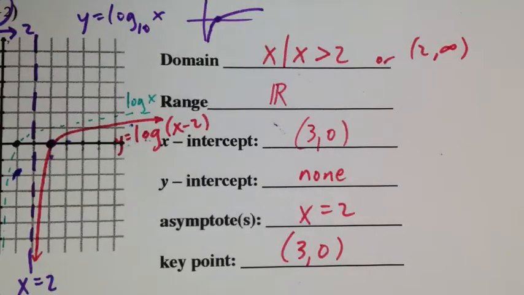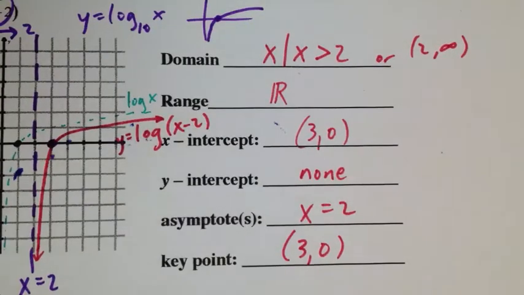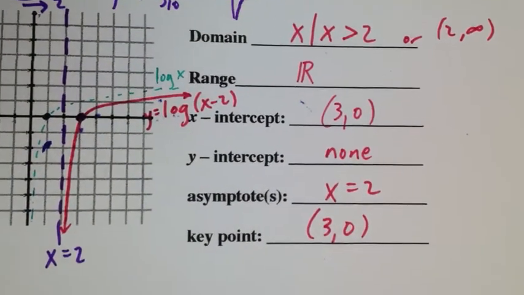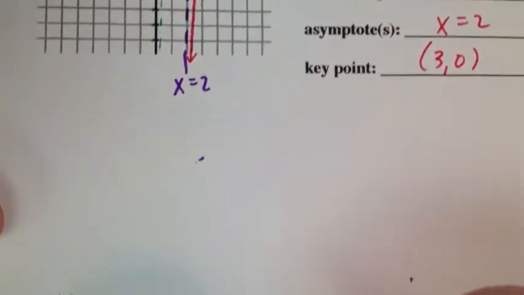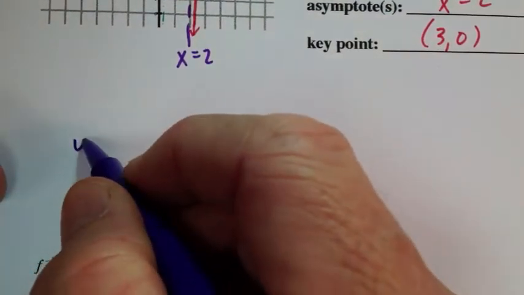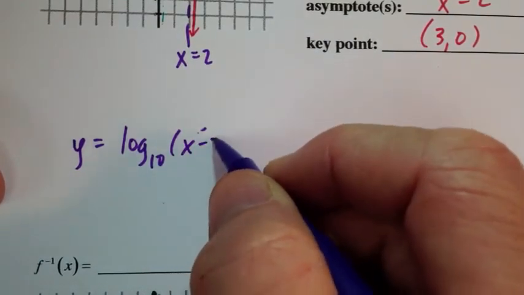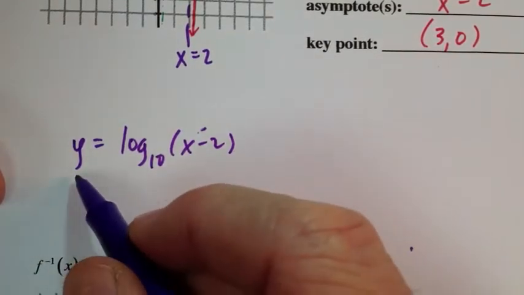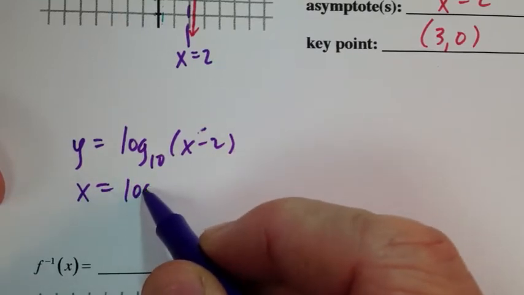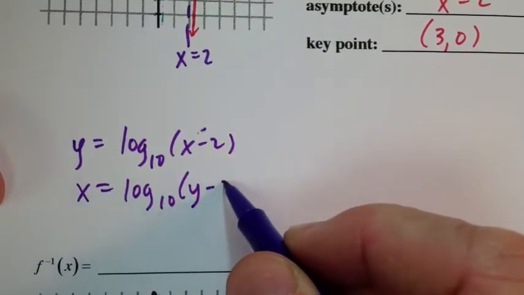Well, let's find the inverse of this function, y equals log base 10 of x minus 2. To find the inverse, we first start with y equals log base 10 of x minus 2. Switch the x and the y: x equals log base 10 of y minus 2.